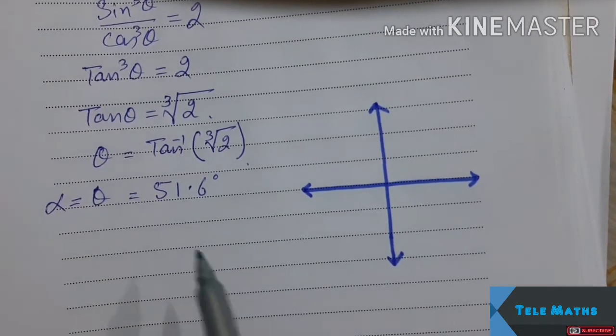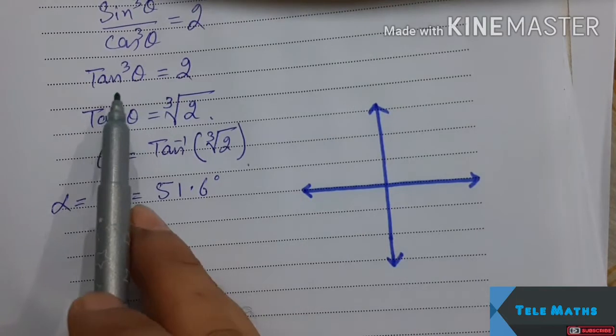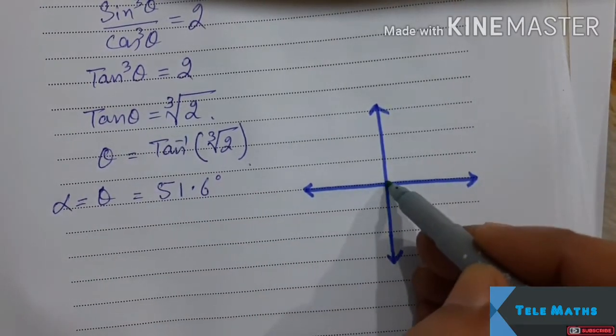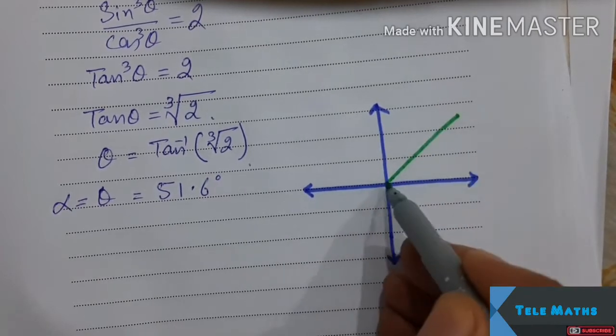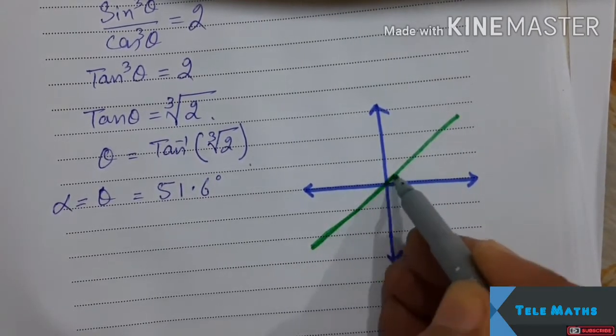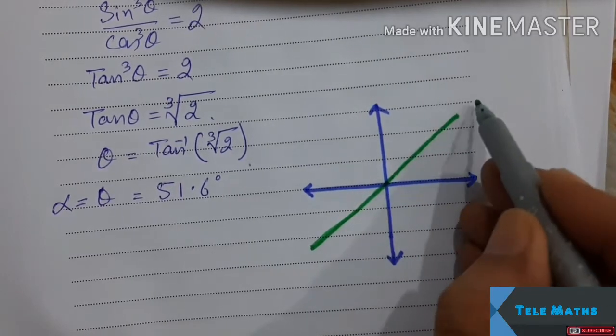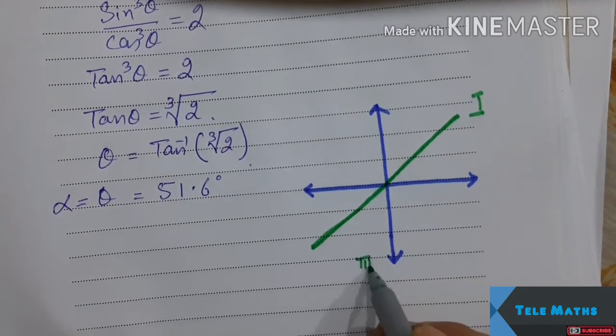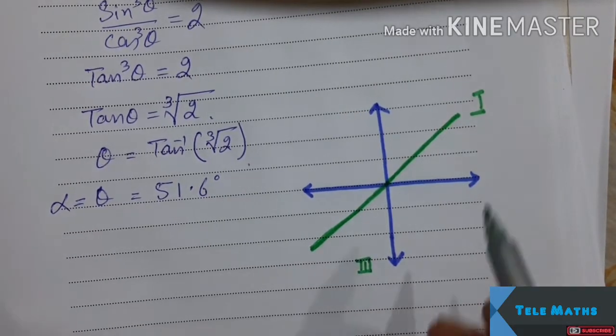Since tan is positive, it means we will be in the first and third quadrant, because in first and third quadrant tan is positive.